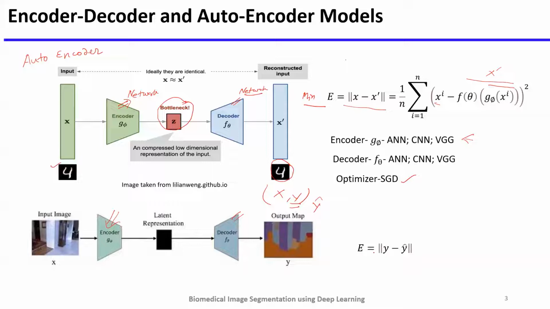So in this case, the error function is: for a given X, the corresponding known labels Y are classification, it may be pixel-wise, and Y cap is the classification, pixel-wise, generated through this encoder-decoder network. So in this case, again, we have to minimize this. The difference is that this decoder is not just the opposite of the encoder.